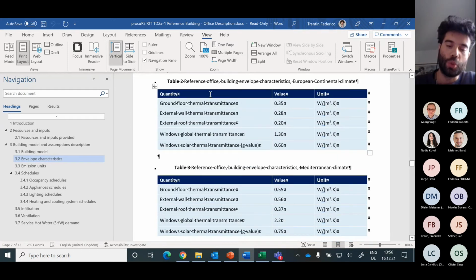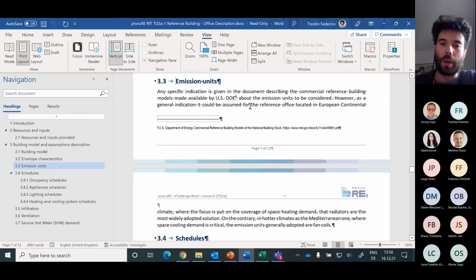Obviously, considering two different climates, we have a table for the considered reference building in one climate, the European climate in one case, and the Mediterranean climate in the other case. Then we have a section with some indication about the emission units to be considered for the reference building.